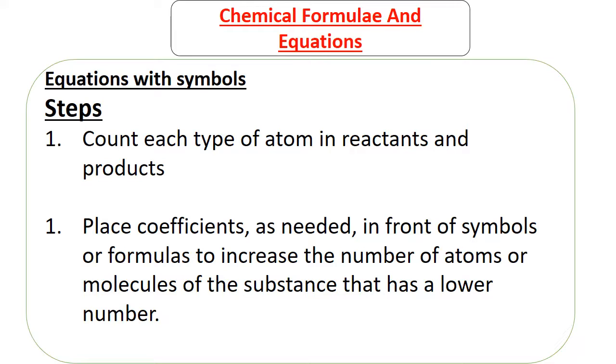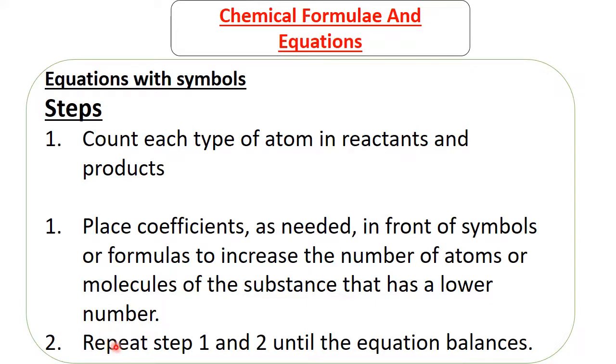So on the left of a chemical symbol, you add numbers to increase the number of atoms in a given compound or element. We are going to understand this as we take a look at an example. Sorry for this mistake. This is supposed to be point number 2 and the next is supposed to be point number 3. So repeat steps 1 and 2 until the equation balances. To understand these steps, let's take a look at some examples.